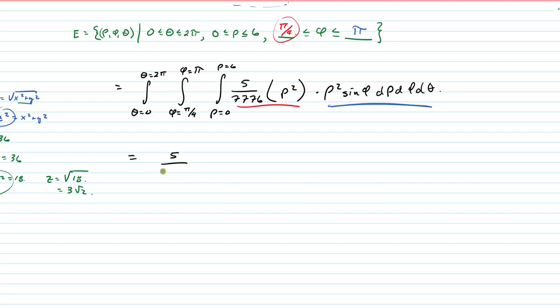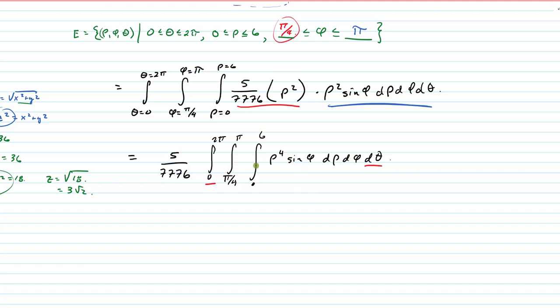Let's take out the 5 over 7,776. And then we'll have the integral from 0 to 2 pi, pi over 4 to pi, 0 to 6 of rho to the 4th sine of phi d rho d phi d theta. One thing to point out, folks, is we've got this outer integral, which will be with respect to theta.